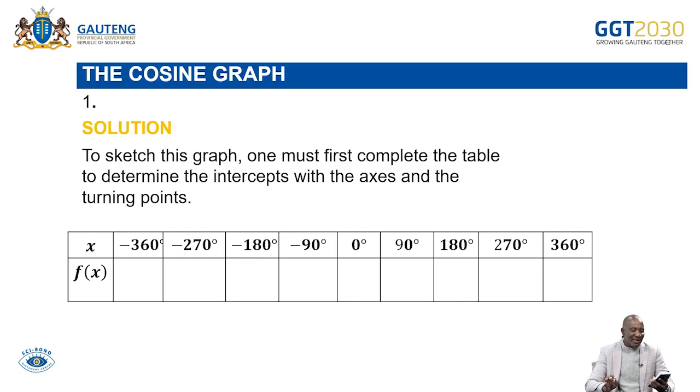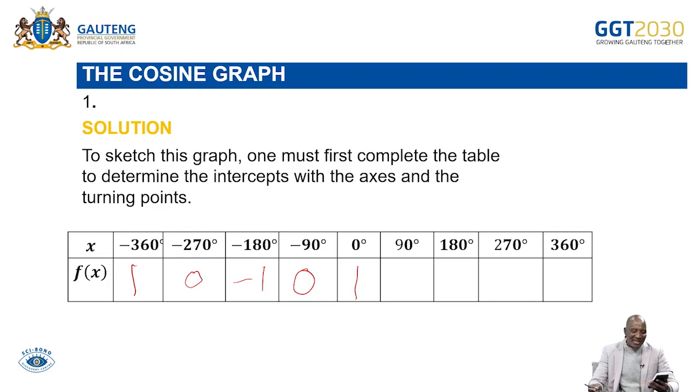Then you are going to get a table completed for you. I'm seeing negative 360 is a 1, followed by 0, followed by negative 1 at negative 180. You continue scrolling down, and then at negative 90 is a 0, and then at 0 is a 1.